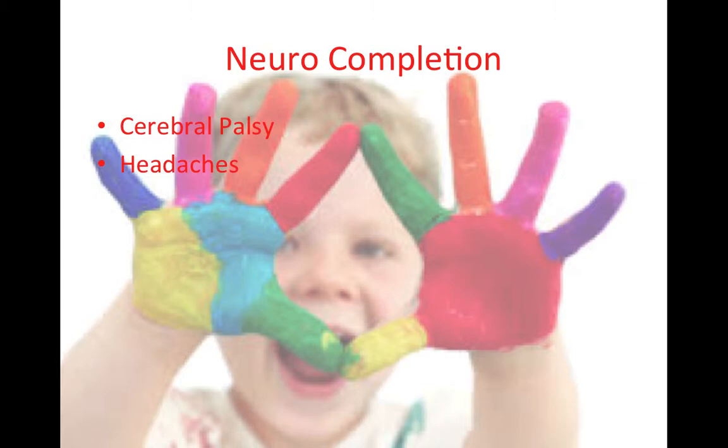And lastly, to finish up neurological alterations, we'll look briefly at cerebral palsy and headaches. Cerebral palsy, also known as CP. You want to go ahead and look at your pathophysiology if needed, your clinical manifestations, any diagnosis or diagnostic testing, treatment, and your nursing management.